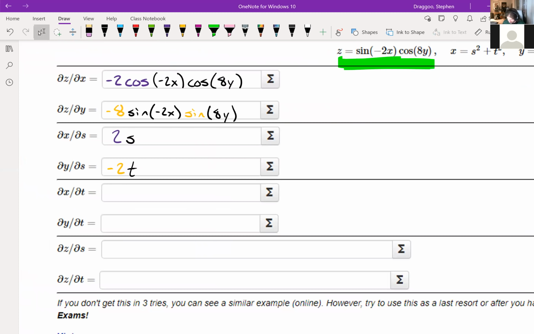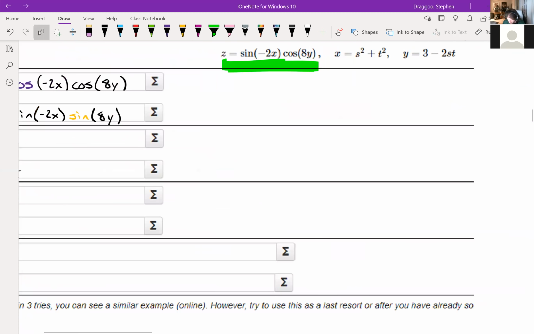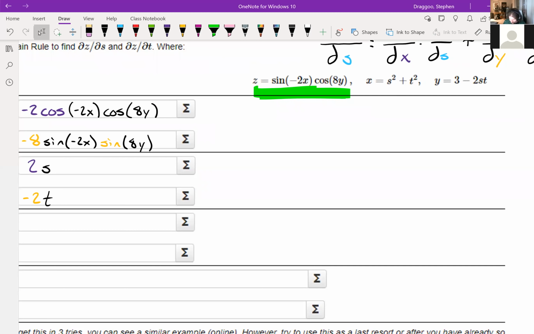So where am I going to have space to write all that down? Actually, probably just off here to the right. So if I'm looking to get a derivative with respect to s, we'll do z partial s is equal to, I've got negative 2 cosine of negative 2 times s squared plus t squared.